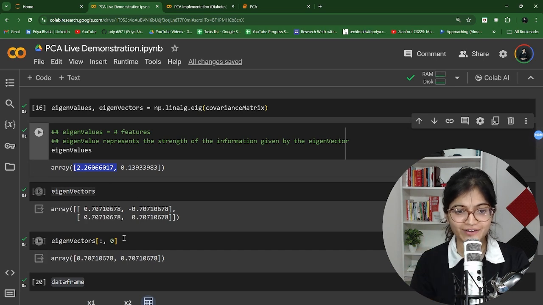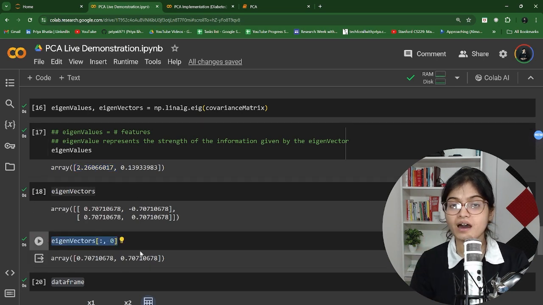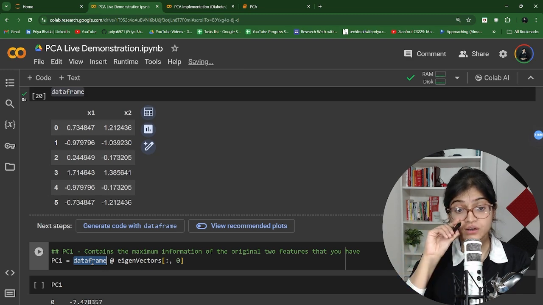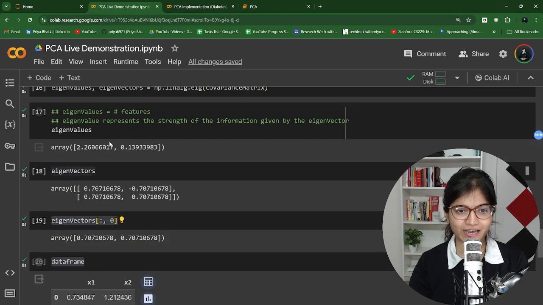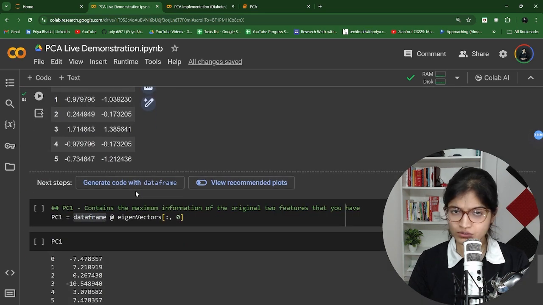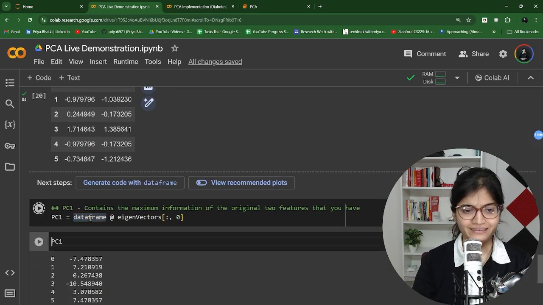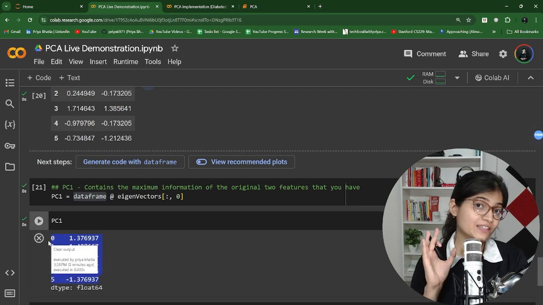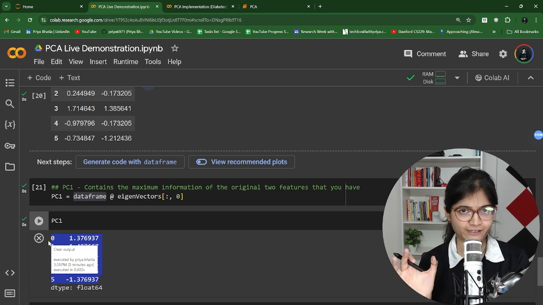So I will take this 0th one as the eigenvector, and I will do the matrix multiplication of the given data frame with that 0th column value, because this has the highest eigenvalue. I will take this and do the matrix multiplication, and then I will achieve PC1. So this indicates my first principal component, which contains the maximum information of my original data.